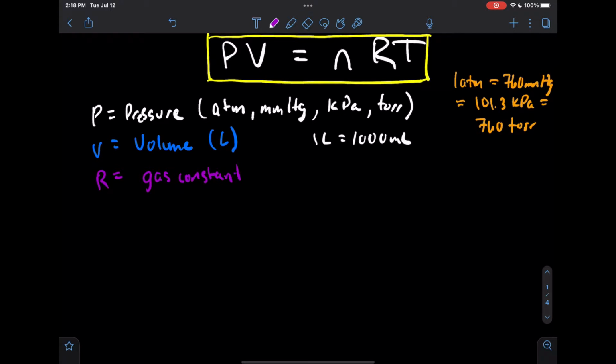As a gas constant, this will always be the same, so you'll always be given R, either on a formula sheet or in the problem. R is equal to 0.0821 liters times atm over moles times Kelvin. Going back to when I talked about how we were going to convert pressures typically to atm, this specific gas constant only works with liters and atm. So that's why we want to convert our volume to liters and our pressure to atm.